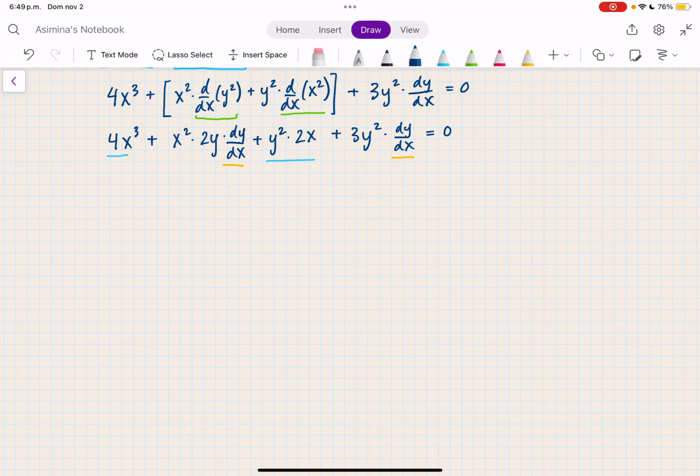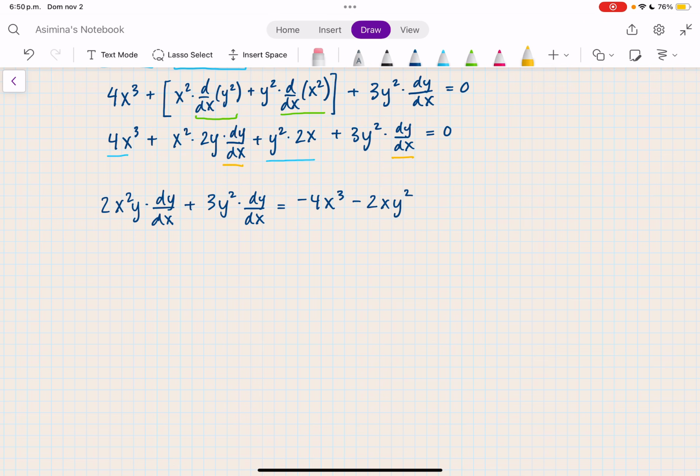So I have 2x squared y times dy/dx plus 3y squared times dy/dx equals minus 4x cubed minus 2xy squared.